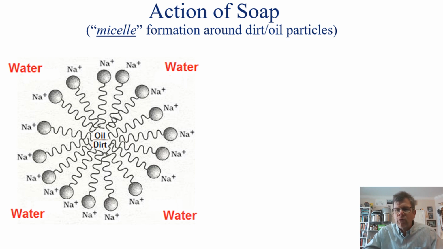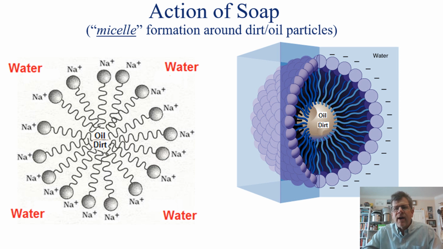This is sort of a crude drawing. A much better artistic representation of this might be what we see right here, where the blue around it would be the water, and these purple spheres on the outside would be the charged portion of the fatty acid carboxylates, and inside are our fatty acid tails, which exclude the water.